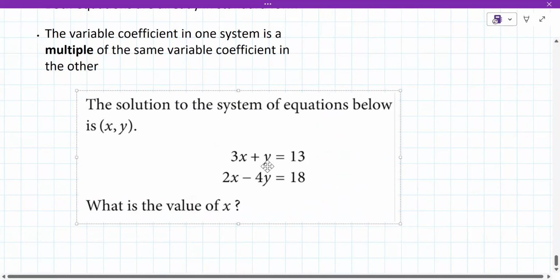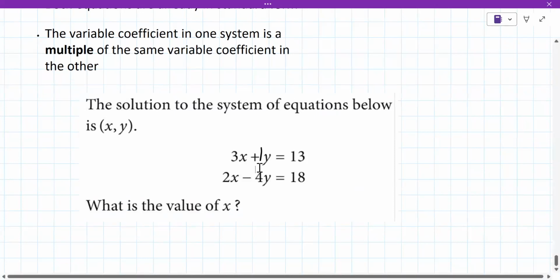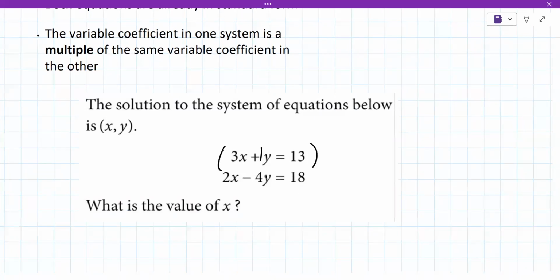So for example here, negative 4y is a multiple of 1y. But 2 is not a multiple of 3. So you're sort of forced into eliminating y, which is good for this problem because when you eliminate y, you can find x. And you probably remember that you take the equation and multiply it by a coefficient to get the new equation.